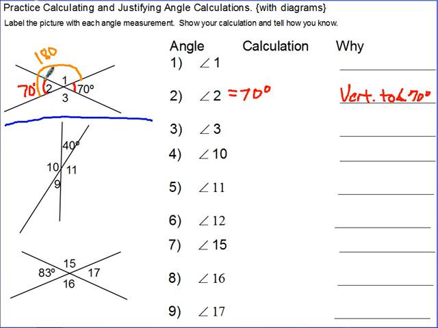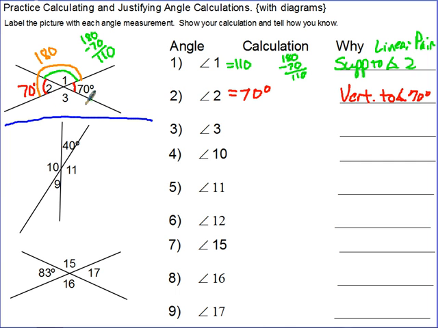Well, the amount that is left is this angle, and so it's 180 minus 70, which is 110. That's the way you calculate angles when they're supplementary. So it's 110, and my calculation was 180 minus 70. It's 110. And the reason why is that it is supplementary to angle 2. It's also a linear pair with angle 2.